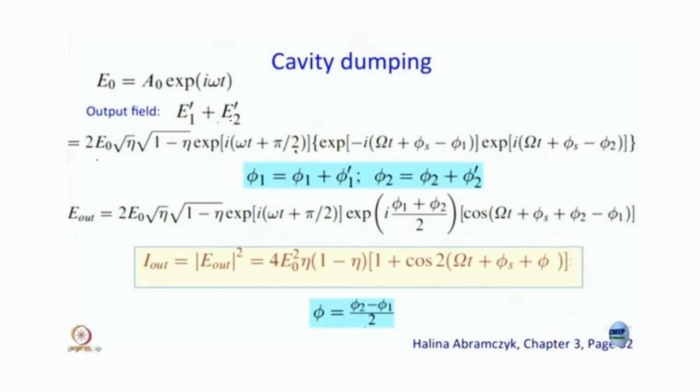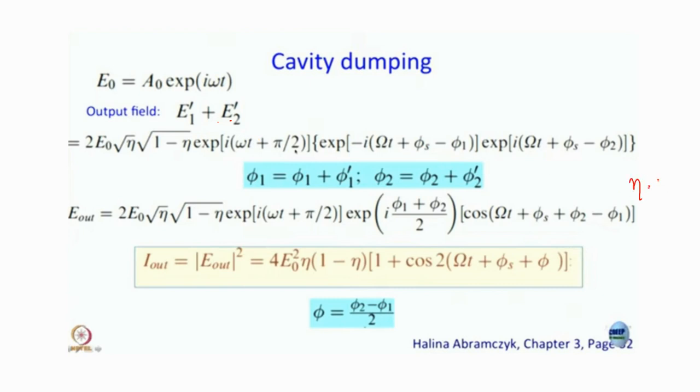Now, using all the relations, what we could get is the total value: E output is the sum of E1 prime plus E2 prime, which is given by the relation 2 E naught root eta into root of 1 minus eta.